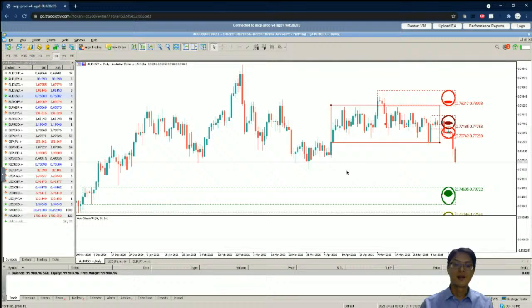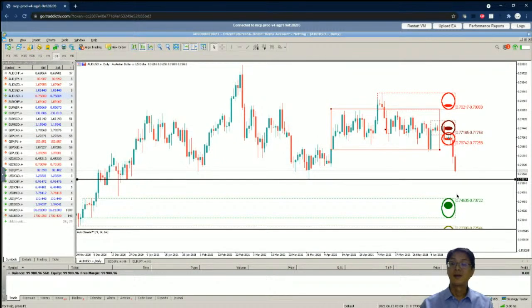And the last time we were also saying that this area here was a level of support, a low, which it needs to break in order to get down to this UFO down at this area here.